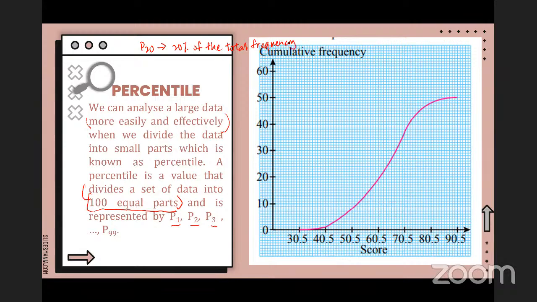So from this graph, you can observe that the peak is over here, right? So n is equal to 50. So n equal to 50, what is 20% of the 50? How do you find it?